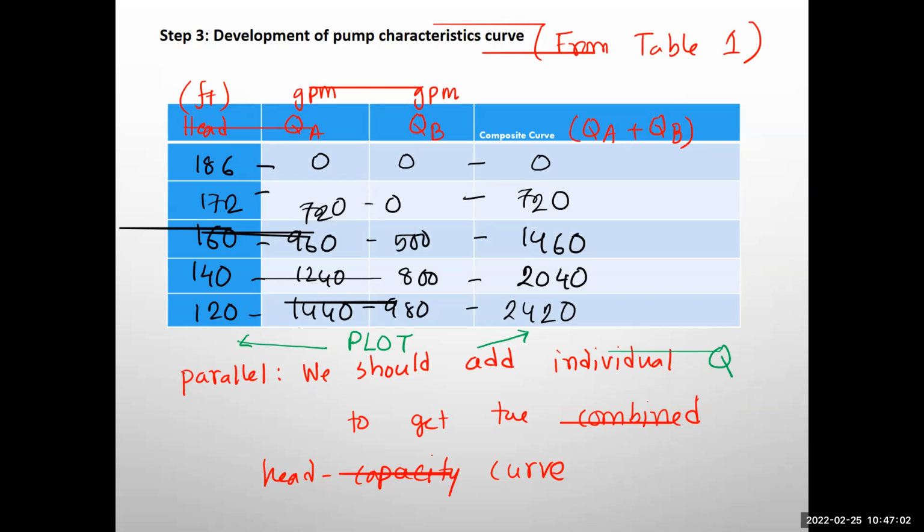So when you add that, the final one will be in GPM also. No, this one is the 100. That means 100, 200. Yes, yes, yes.